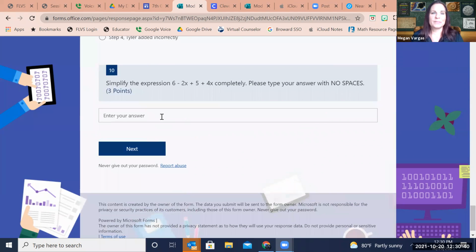All right. Simplify completely. Type your answer with no spaces. So we can combine like terms, right? We have a 4x and we are minusing 2x. What is 4x minus 2x? Go ahead.